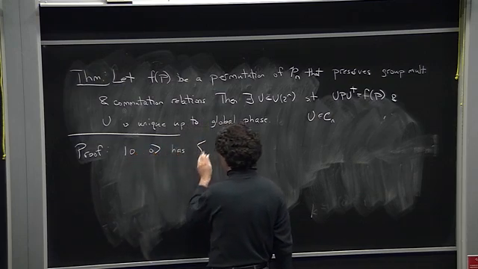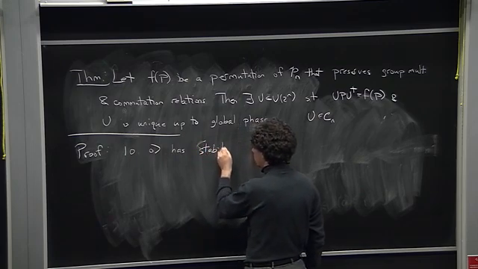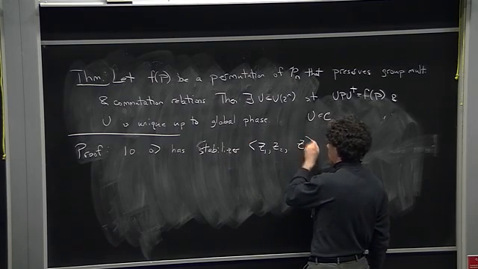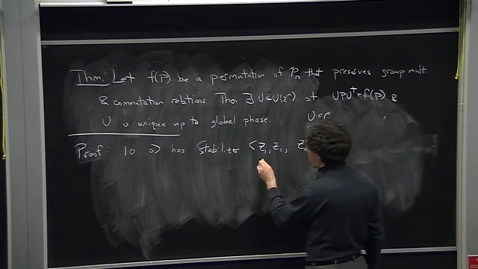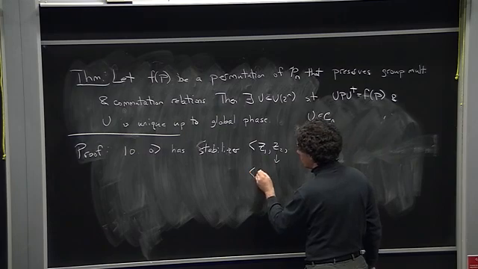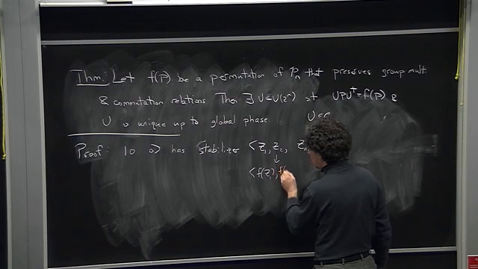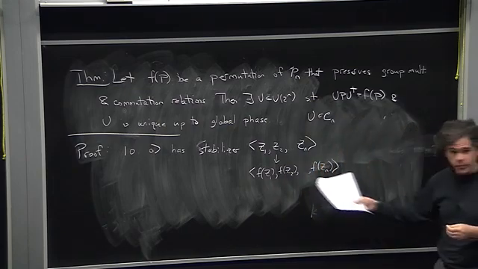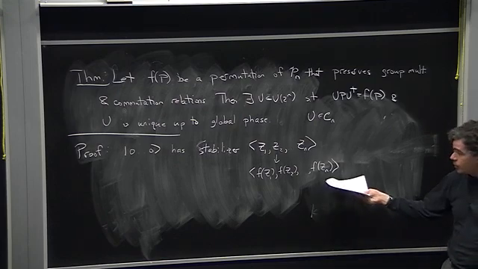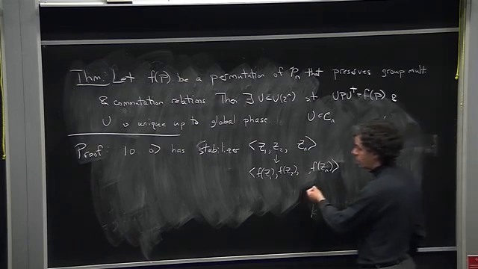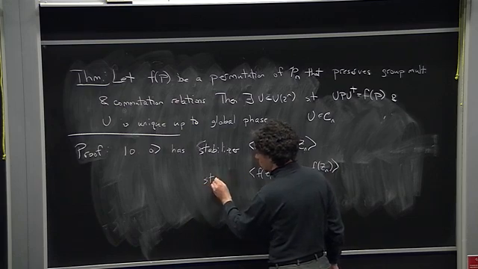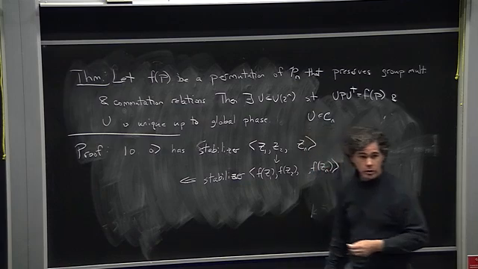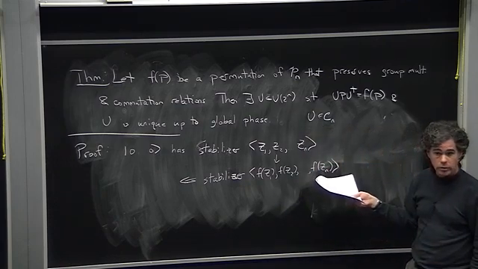This has a stabilizer generated by the Zs. Under this map F of P, it gets mapped to F of Z1, F of Z2, up to F of Zn. Because F of P preserves commutation relations, this is an abelian group, and so this is a stabilizer.